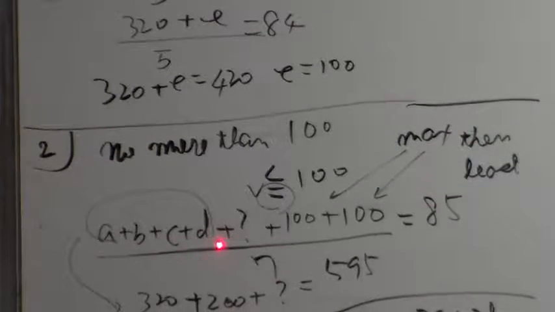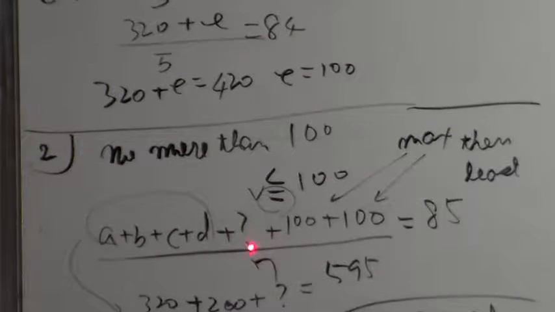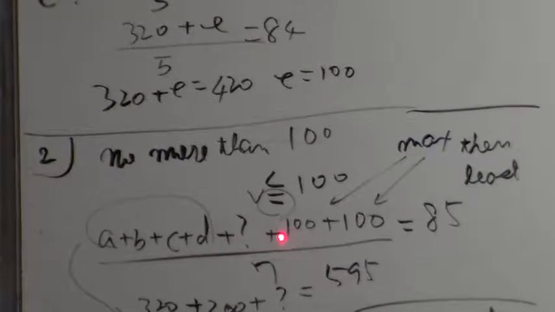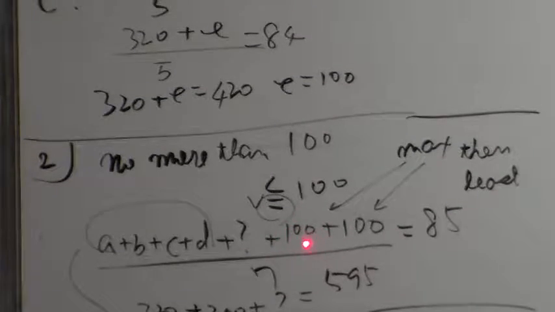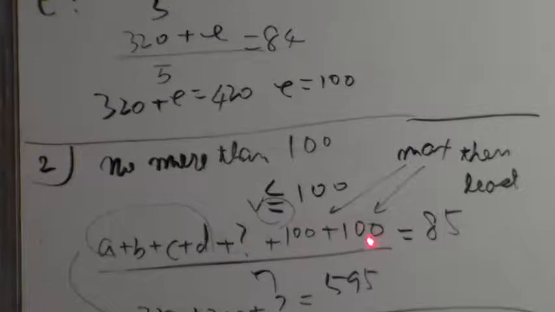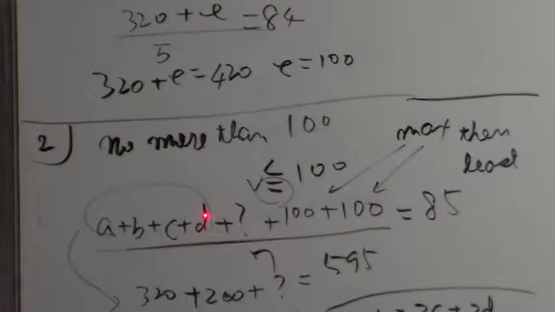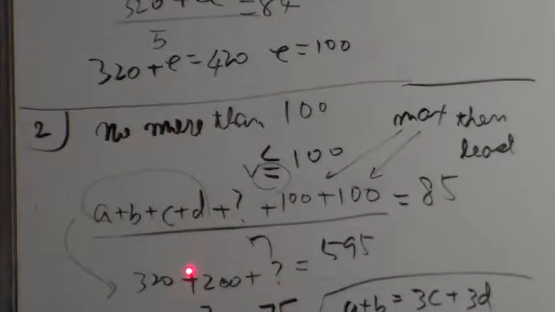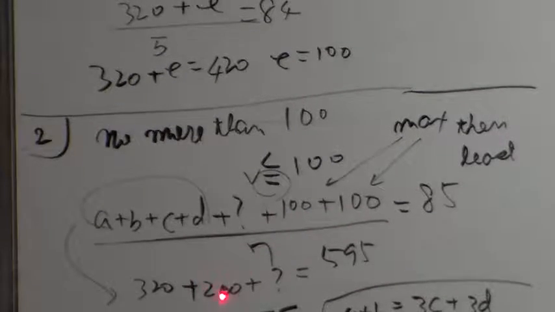So to make the 100 maximum, then you're going to have a minimum. So A plus B plus C plus D is 320, and 100 plus 100 is 200.